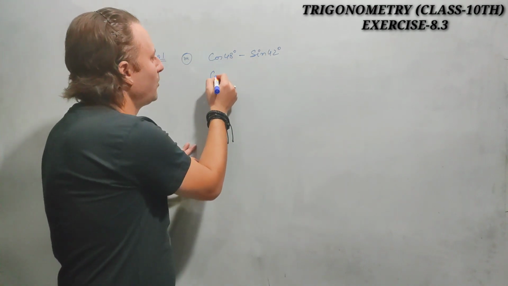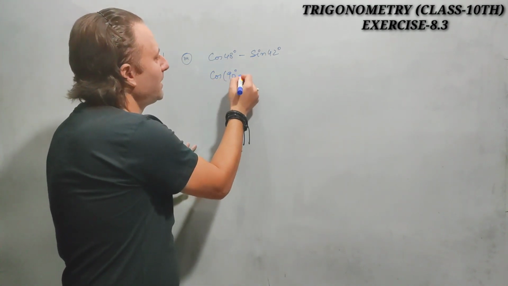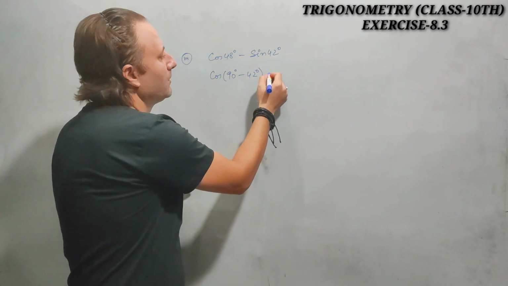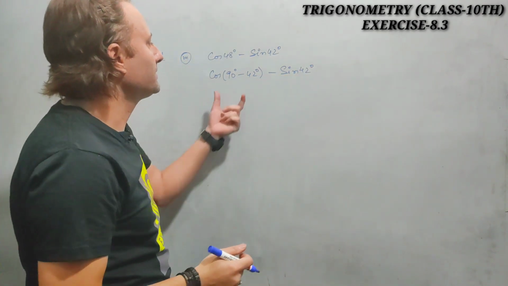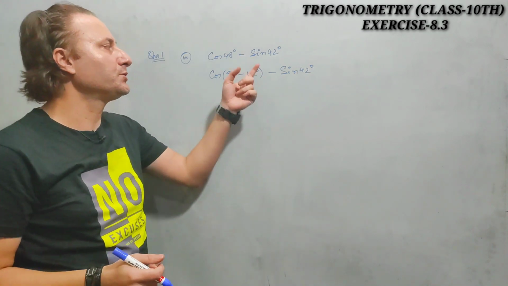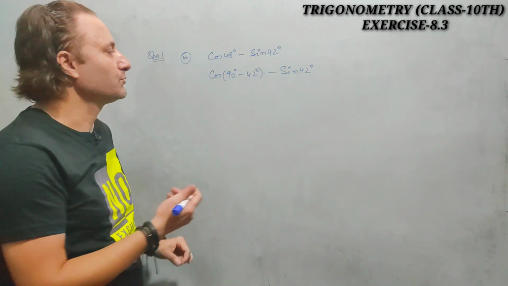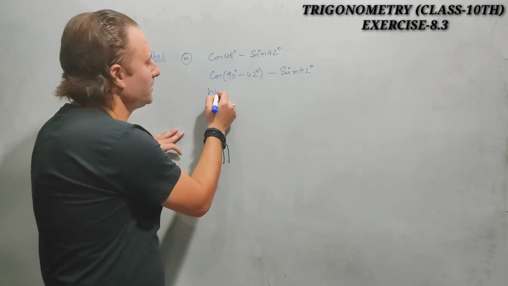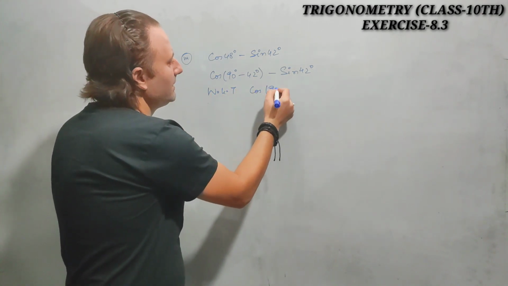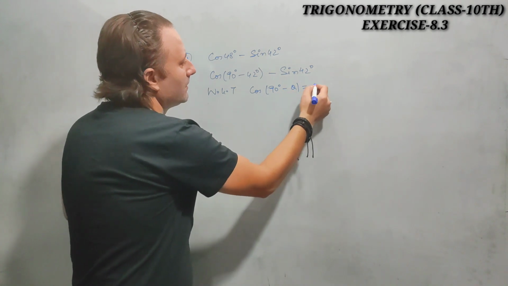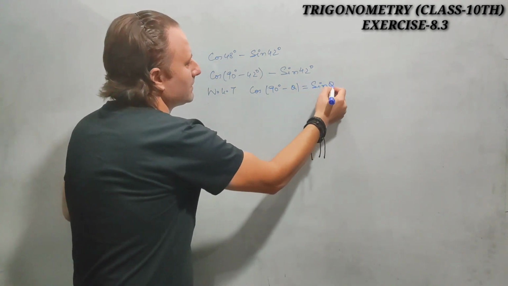So I can write cos (90 minus 42) degrees minus sine 42 degrees. If we see here, 90 minus 42 is 48. So that's what I did. We know that cos(90 minus theta) is equal to sine theta.